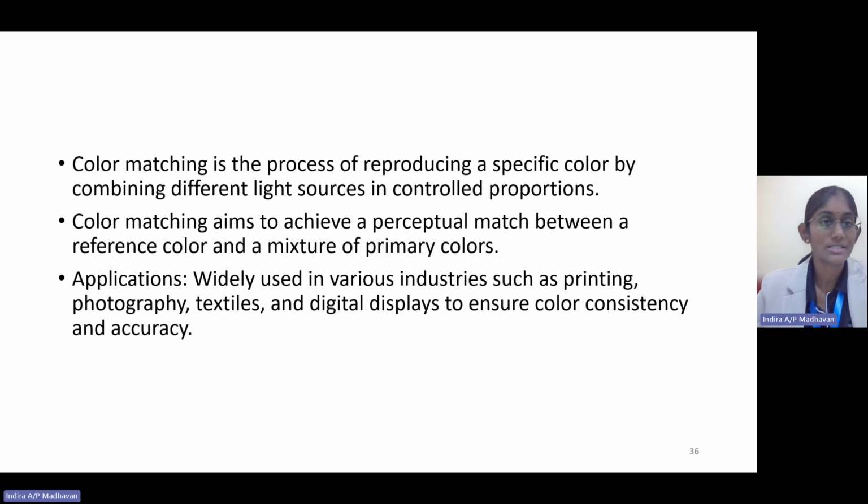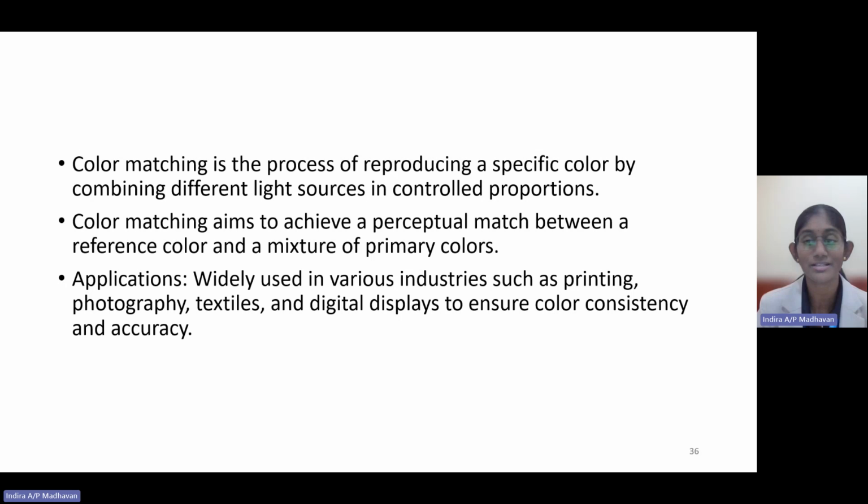So color matching is the process of reproducing a specific color by combining different light sources in controlled proportion. This is the idea that was used by the CIE color system developers, where they tried to use red light, green light, and blue light to mix the lights and produce all the colors that can be found in the visible spectrum from 400 nanometer to 700 nanometer: 400, 401, 402.